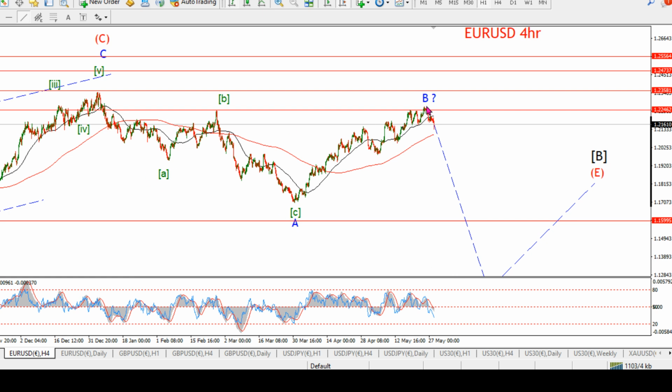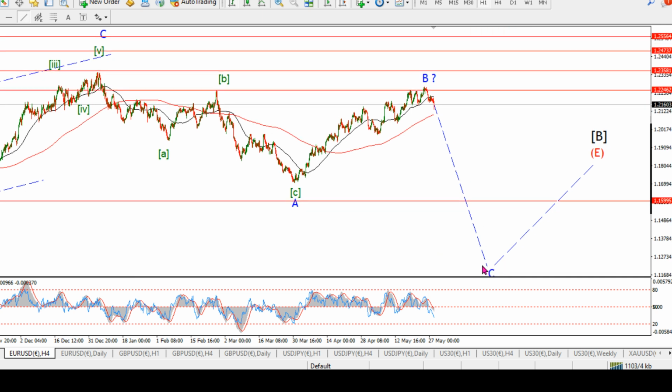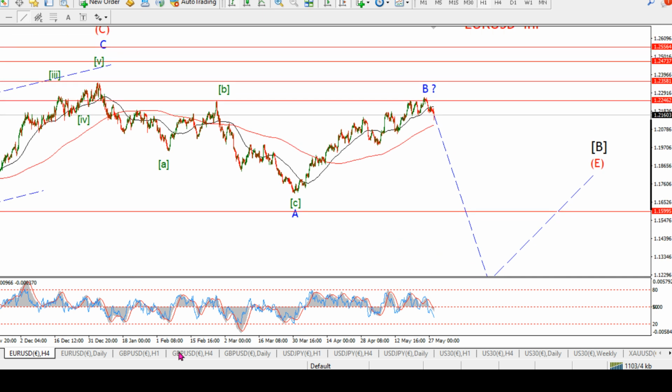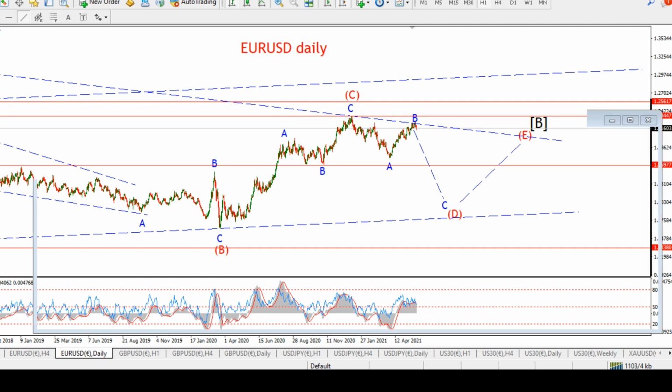And the top this week came in right above the previous wave B, so we just tipped above the previous wave B and then headed lower. So it looks like the divergence that has been underway over the last week or so on the 4 hour chart is now going to take hold, and we will now cycle downwards into wave C. We'll see how that goes next week, but that's the general idea.